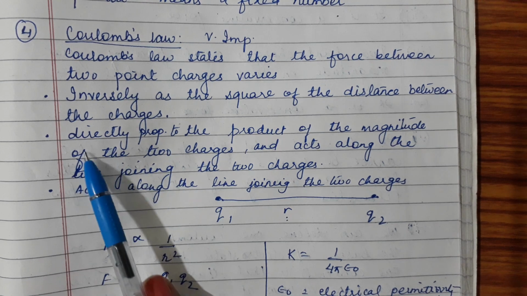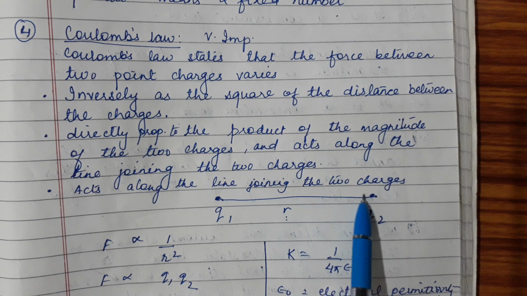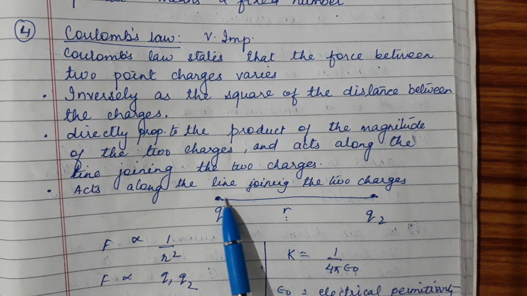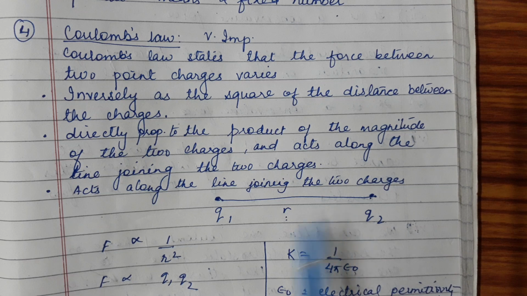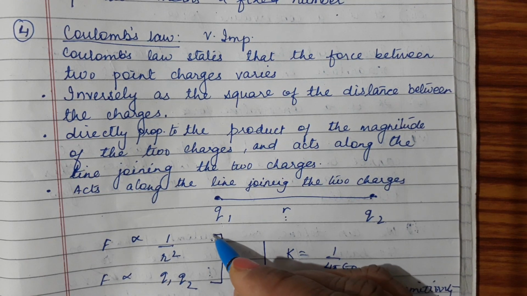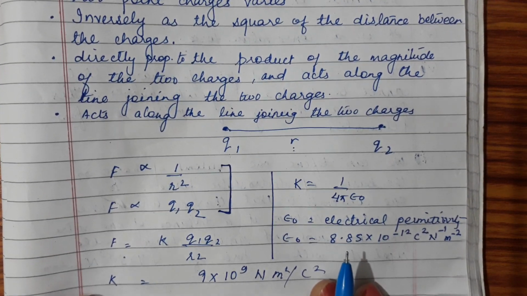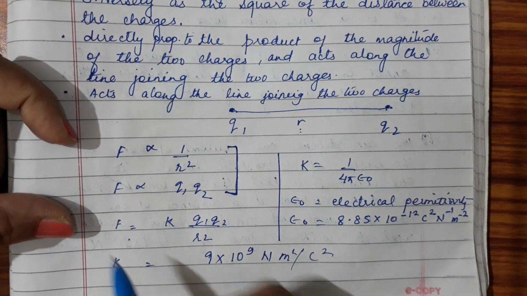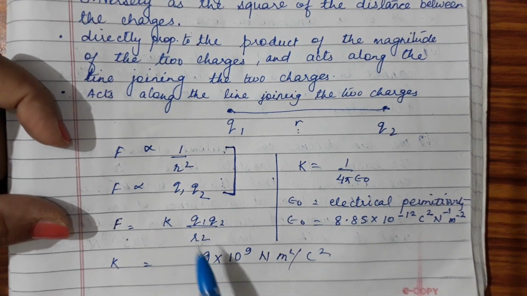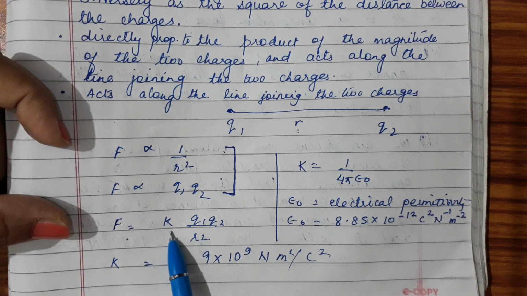And it is directly proportional to the product of the magnitudes of the two charges, and this force also acts along the line joining the two charges. If we merge these two things, we can find the value of F. When the proportionality sign is removed, we get a constant.